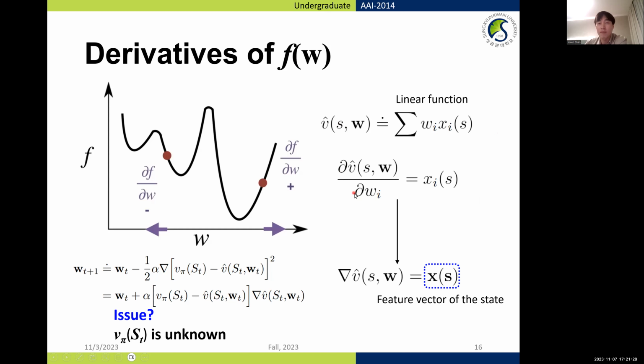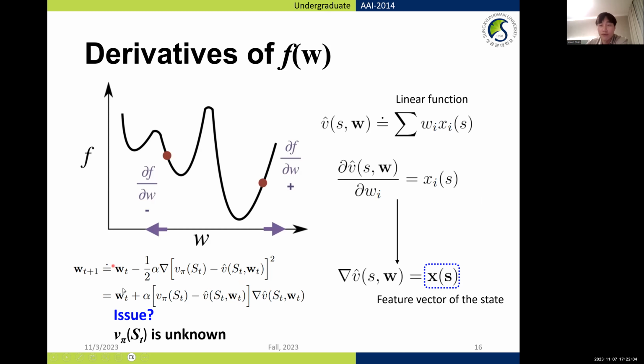If we do the partial derivative with respect to Wi, we directly get xi, because to each component, xi is a scalar number and Wi is the variable. So immediately we get xi. We can rewrite this: the gradient of v hat(s, w) equals x(s). They are vectors.